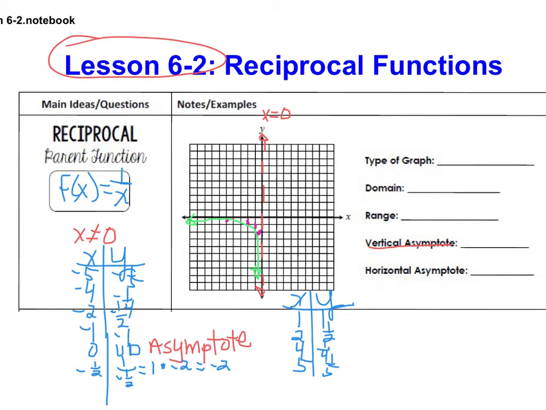All right, let's go on the other side of the x-axis, the positive side, and let's start plotting some of these points over here. So 1, 1 would be up here, nice ordered pair. 2, 1/2, now as we get further to the right, we're starting to approach the x-axis again.